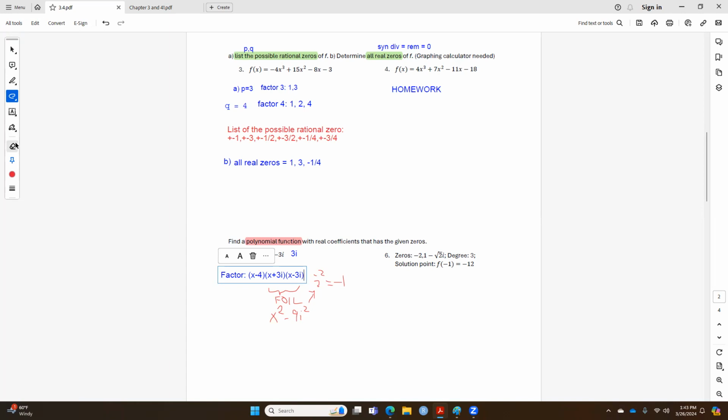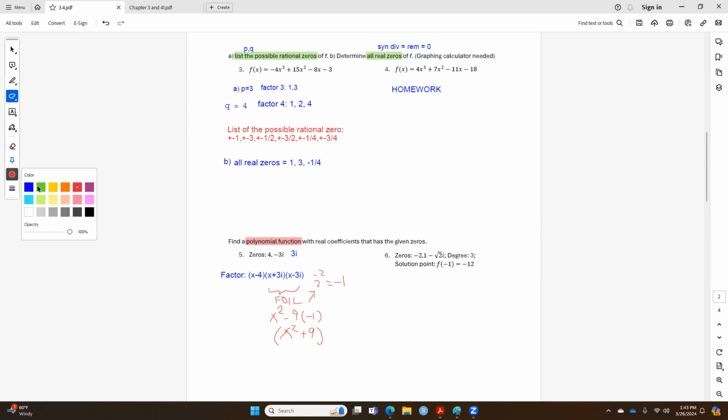So now we can replace this i squared with negative 1. Okay. So what we have in this case is x squared plus 9. So this is the FOIL of the x plus 3i and x minus 3i.